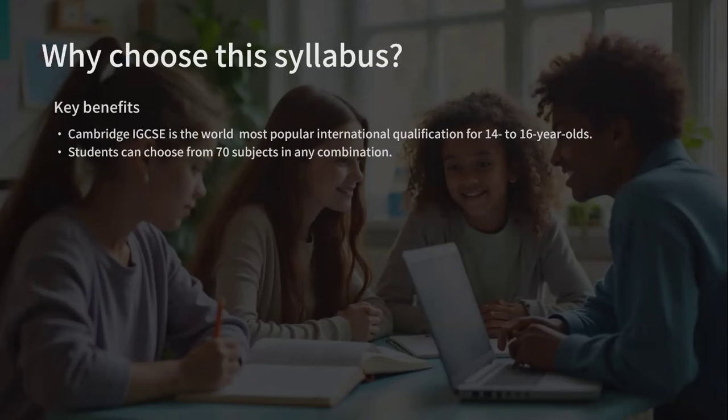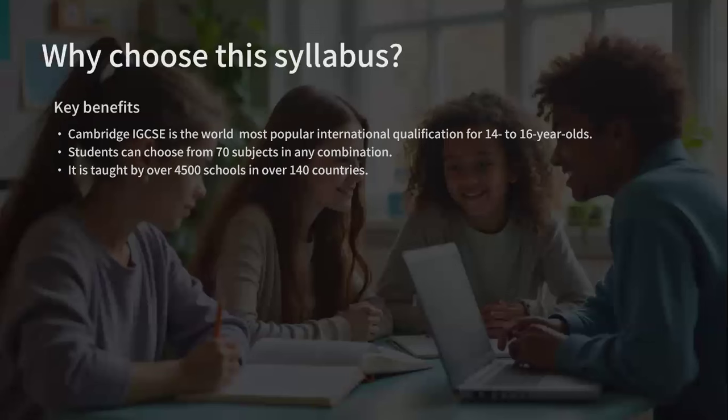In IGCSE, you have a variety of subjects to pick. You can pick among 70 subjects with any sort of combination. If you want to go with the sciences, you can opt for the science subjects. If you want to go with the business or the commerce line, you can opt for the commerce subjects.